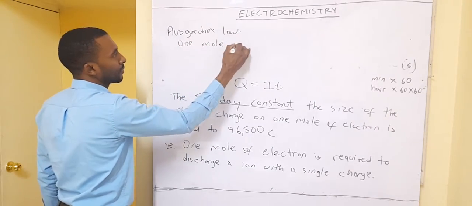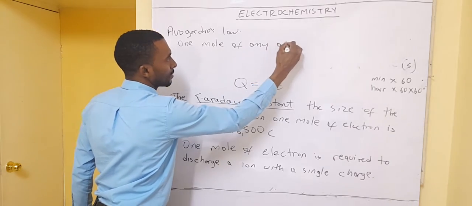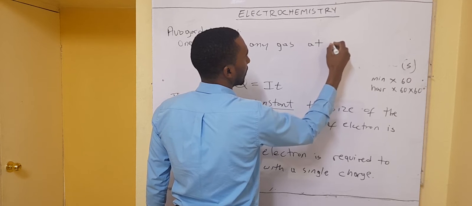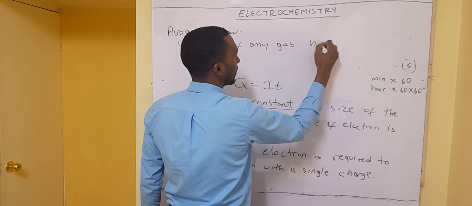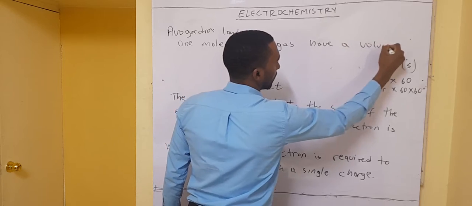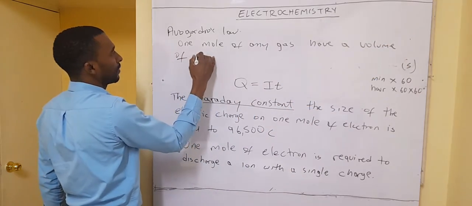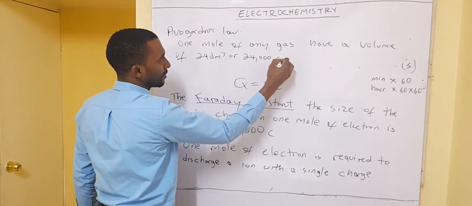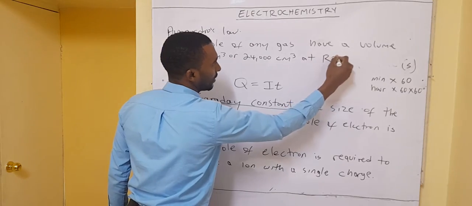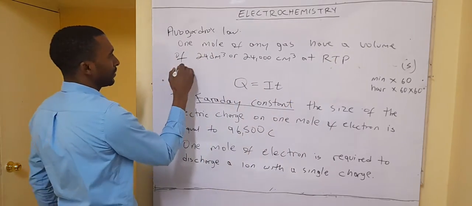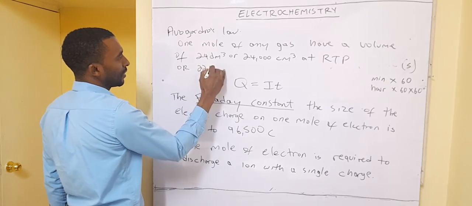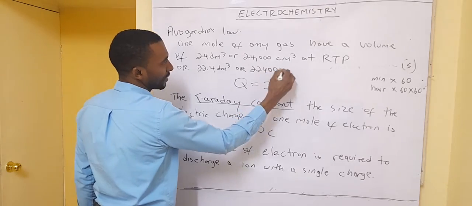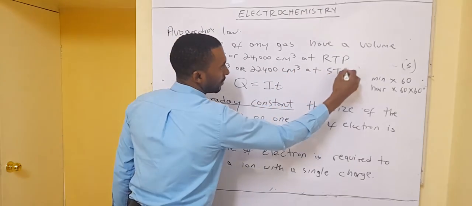One mole of any gas has a volume of 24 dm cube or 24,000 cm cube at RTP, room temperature and pressure, or 22.4 dm cube or 22,400 cm cube at STP.